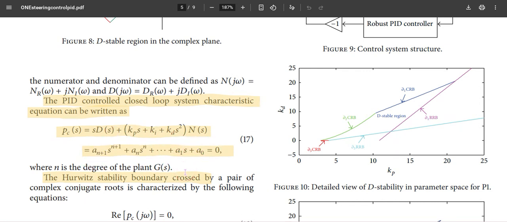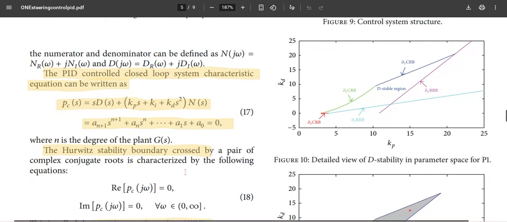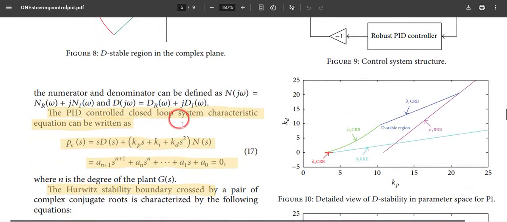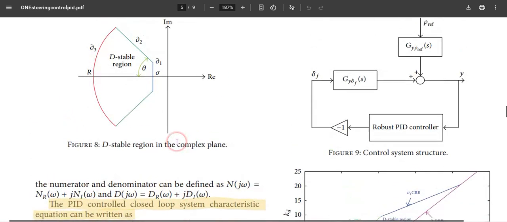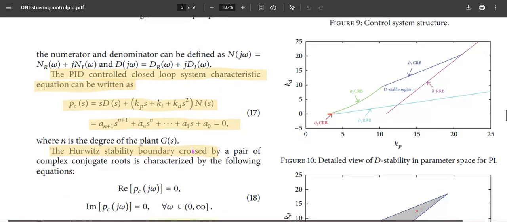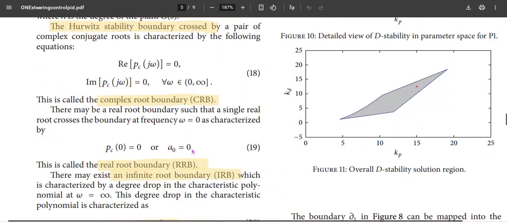The nth order is based on the characteristic of the systems, and they define that it has to be d-stable, using the real and imaginary parts of the numerator and denominator. What should be this bounded domain will define the stable region for the dynamics of the systems.